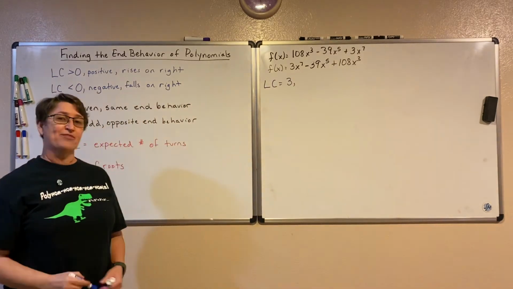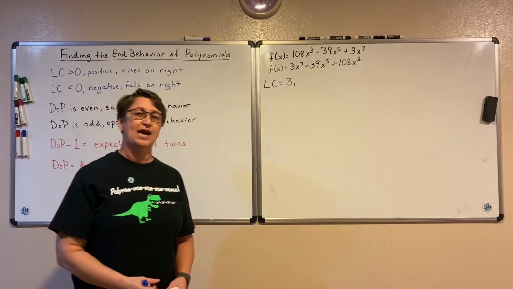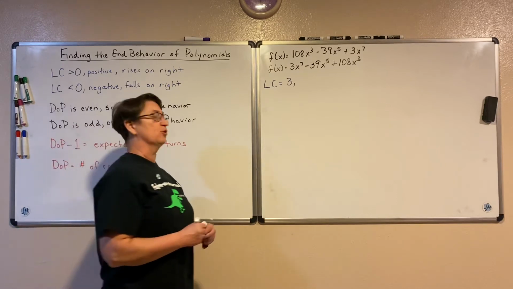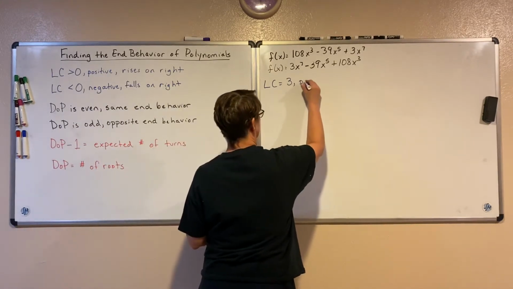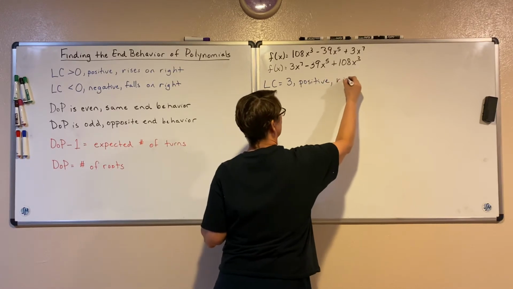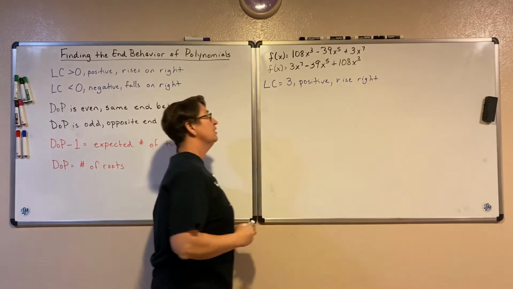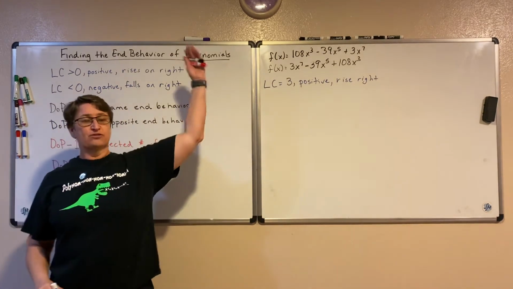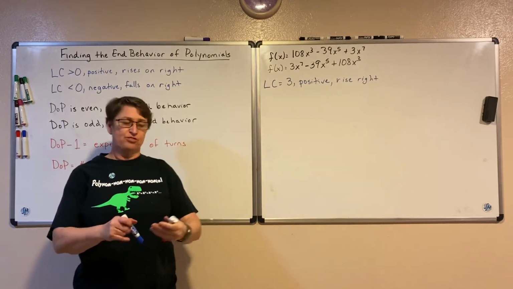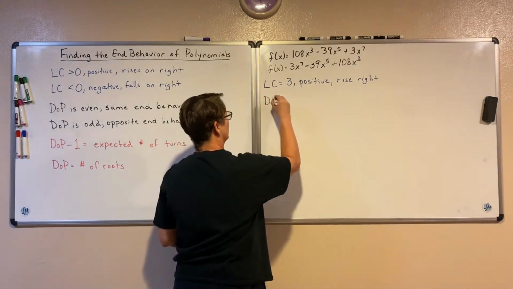What I care about when I'm thinking about the end behavior, or what my polynomial looks like, is whether that is a positive or a negative number. Here I have a positive number. So that positivity tells me it's going to rise on the right. Then, once I know that, I have to know what's happening on the left. And the degree of the polynomial lets me know what's happening on the left.